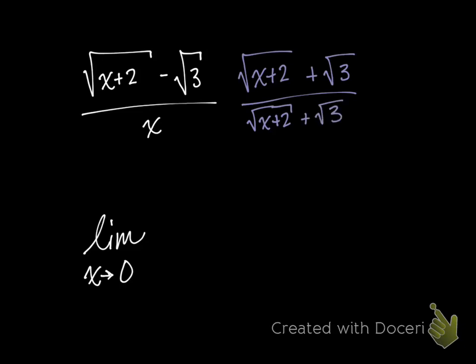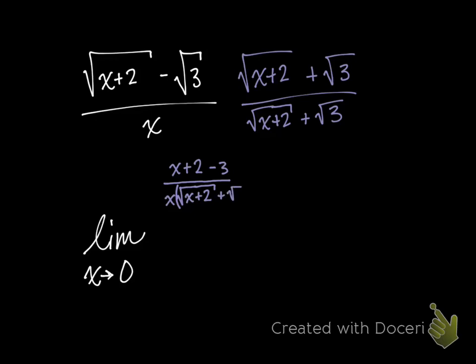Okay, so the top ends up being, we FOIL this, right? So we'll have x plus 2. There's our first, outside, inside, cancel. And then the last one is going to be -3. On the bottom, we end up with x times, and I'm just going to put this in parentheses.